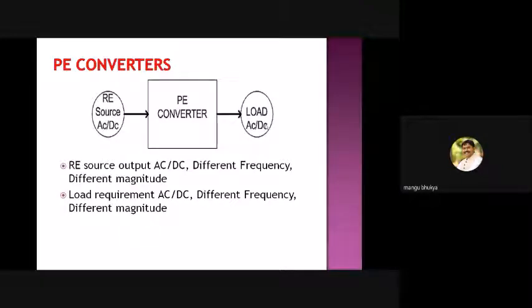So we require an interface circuit, just like a translator, which will do the job of a translator. It will satisfy the requirement of the source as well as the requirement of the load.